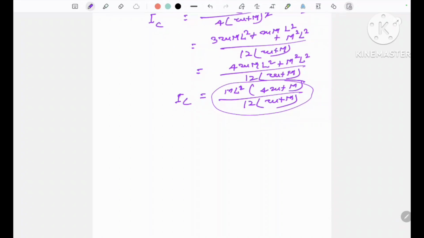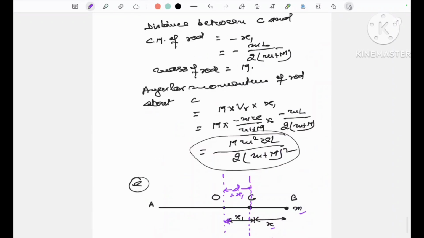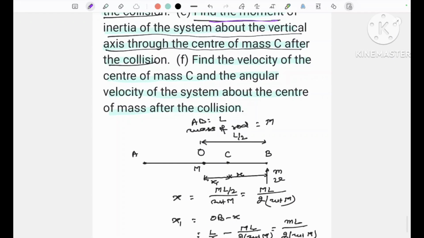Now, part F. Find the velocity of the center of mass C and the angular velocity of the system about the center of mass after the collision.